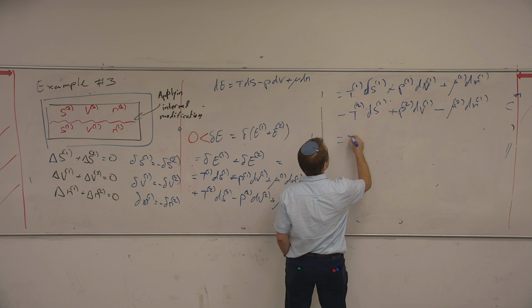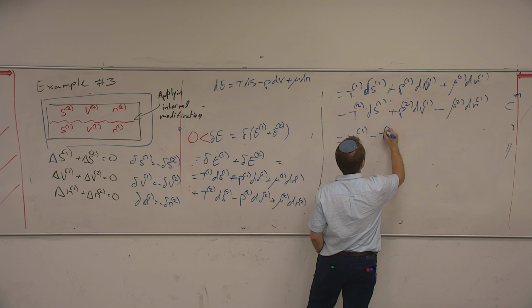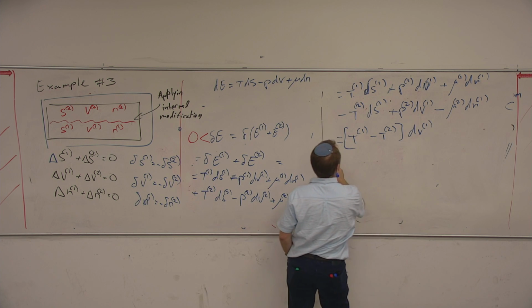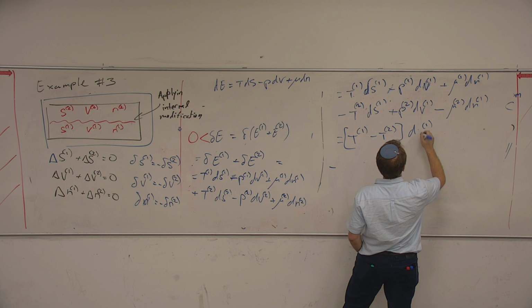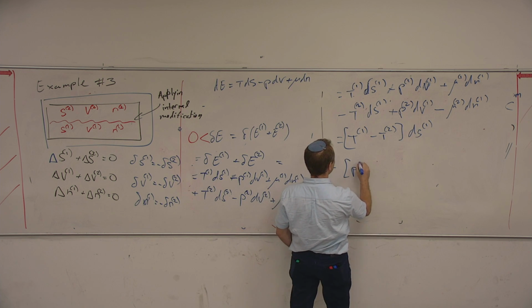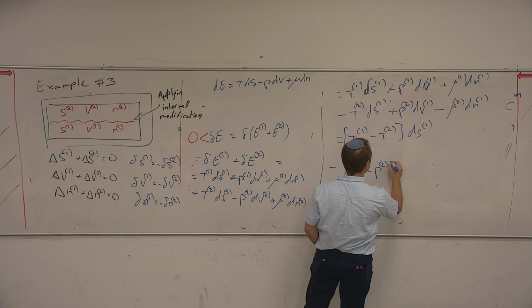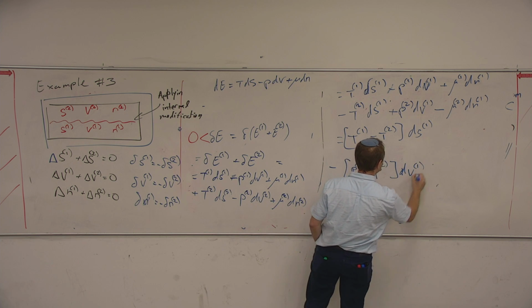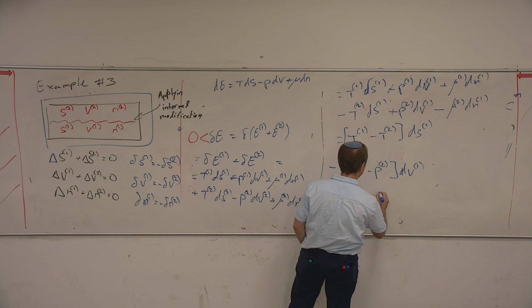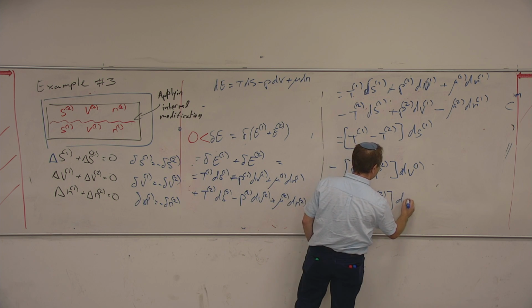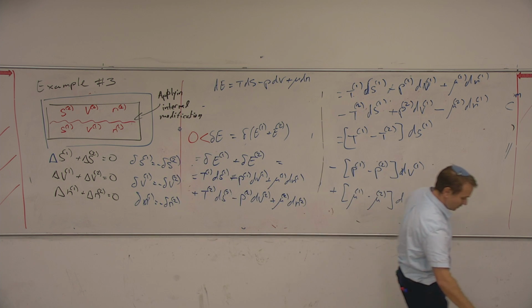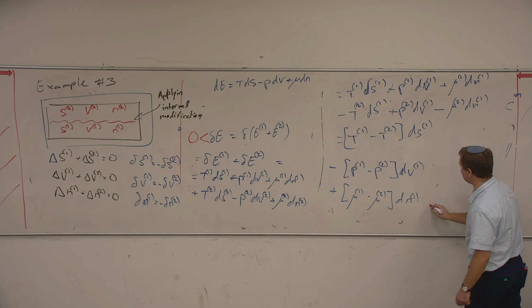So in total I'm getting T1 minus T2 dS1 minus P1 minus P2 dV1 plus mu1 minus mu2 dN1. And all of this is greater than 0.